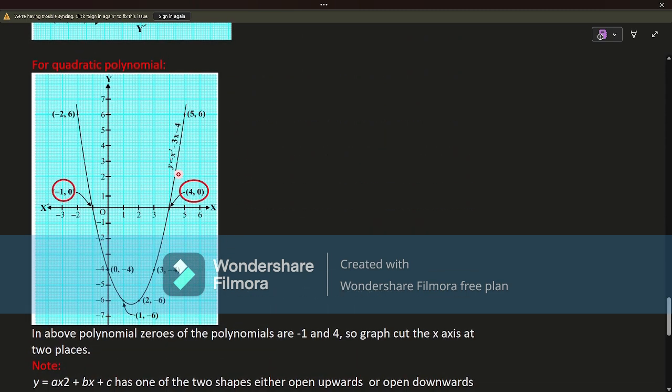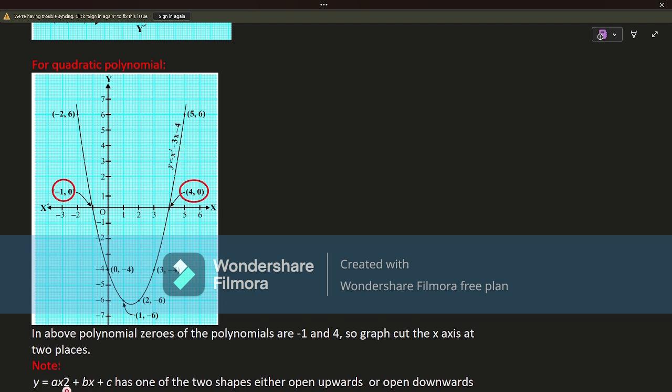See here, this is the ax square plus bx plus c. Just compare this x square minus 3x minus 4 with this form ax square plus bx plus c. For example, what is the value of a here? A value 1, b value minus 3, c value minus 4.